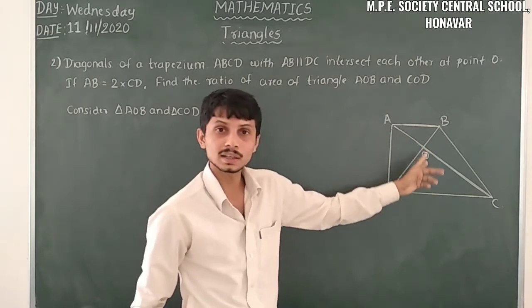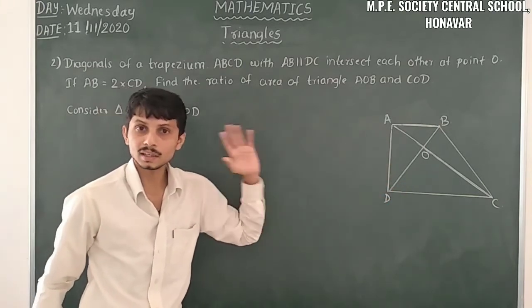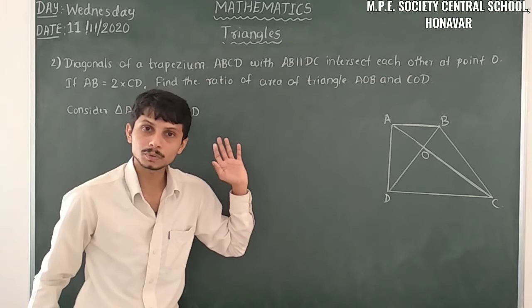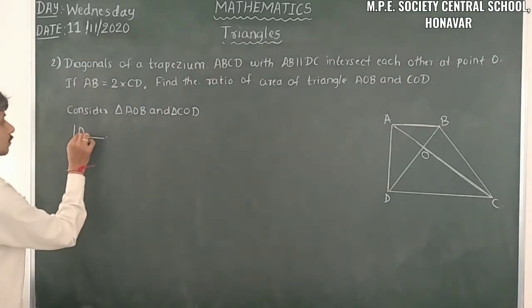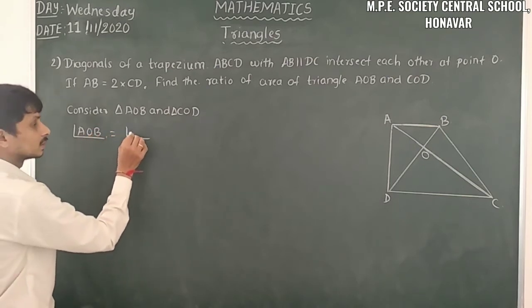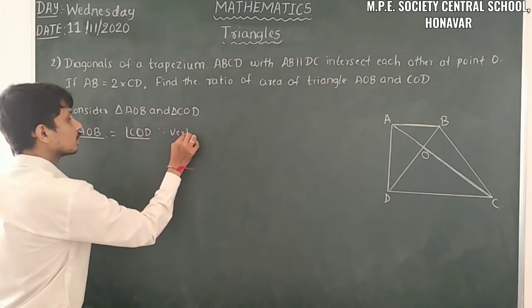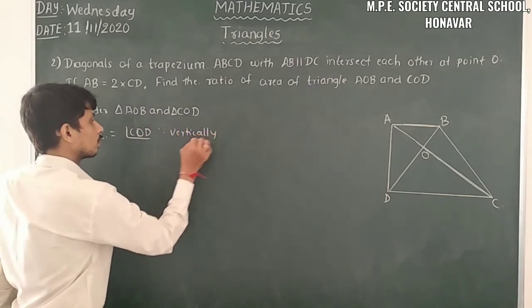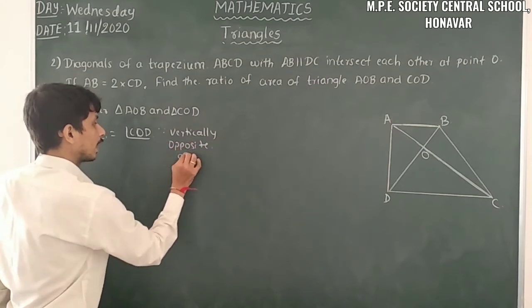That's why we can consider them equal. So angle AOB is equal to angle COD because they are vertically opposite angles.